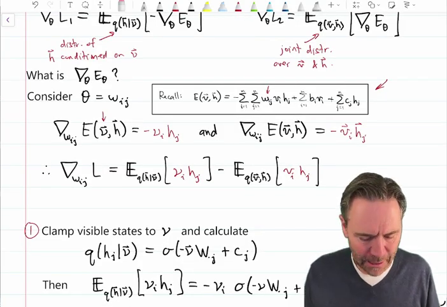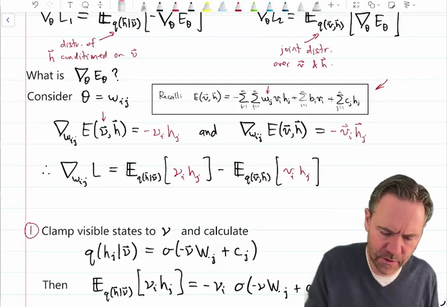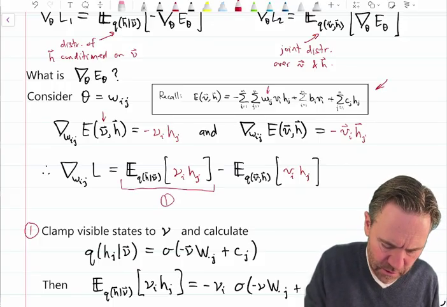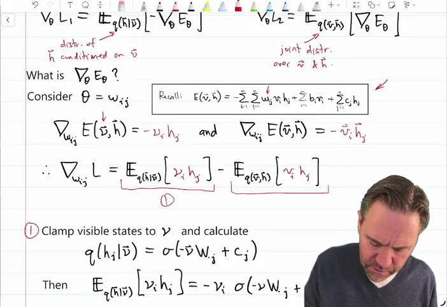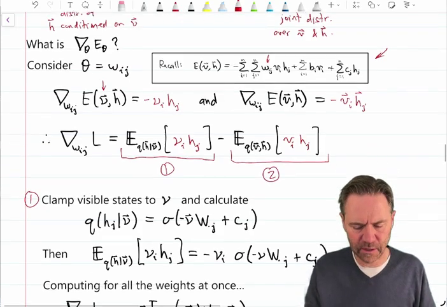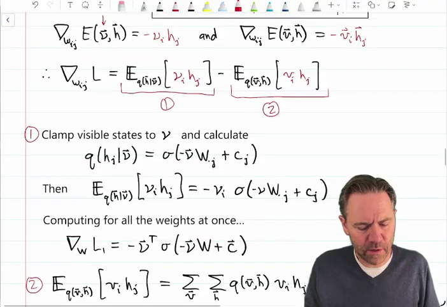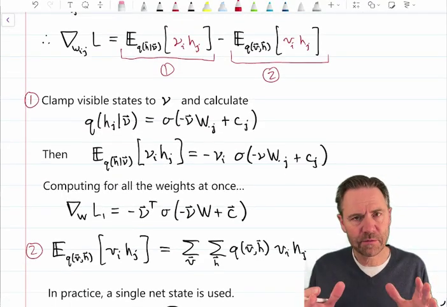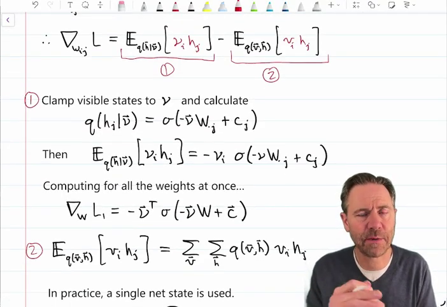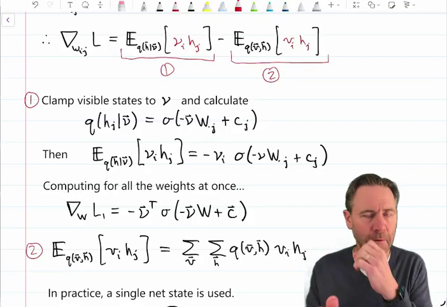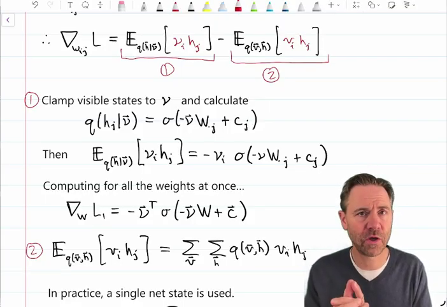Okay, now let's call this first term 1, and we'll call the second term 2, and we'll address them one at a time. So for part 1, we're clamping the visible state. So how do we evaluate the expected value of script Vi Hj over the distribution Q?